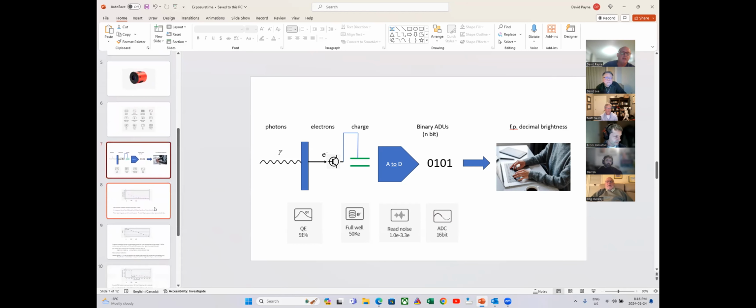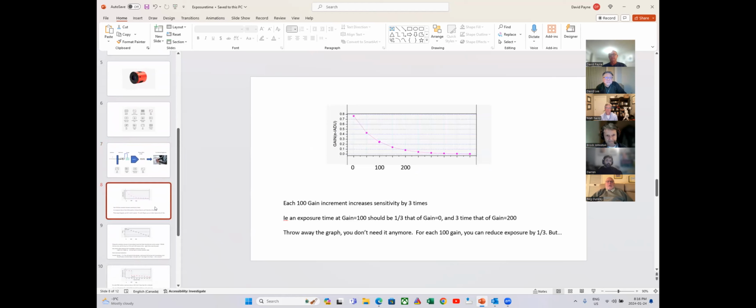If you look in the specs for the camera, there are a few graphs that are presented, but the graphs are important, but there are some rules of thumb where you can forget the graphs, okay?